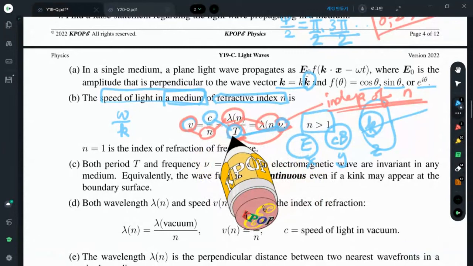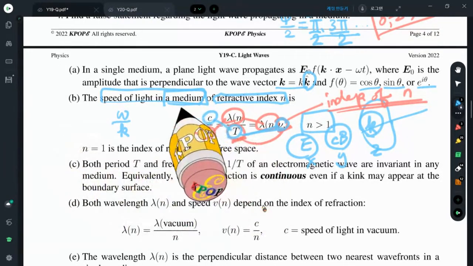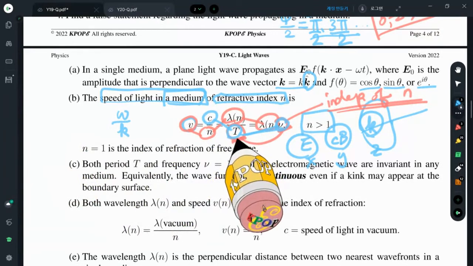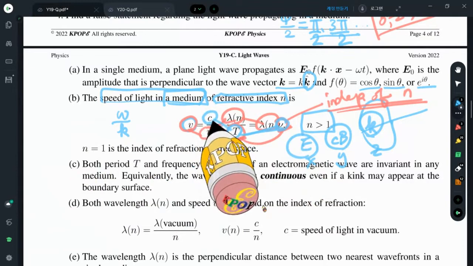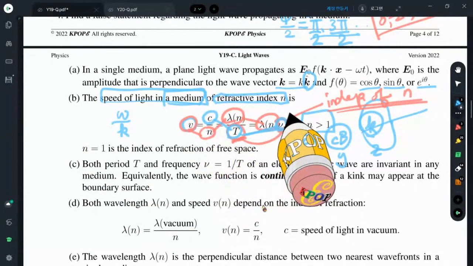Sure, T may vary depending on the wave. However, even though the wave propagates through several media, the period, the frequency, and the speed of light in vacuum are constant. They do not change.